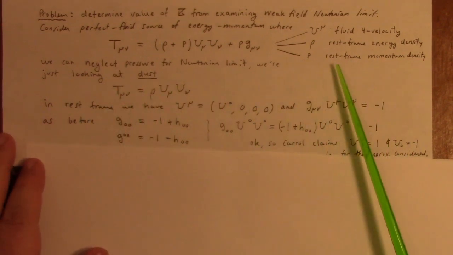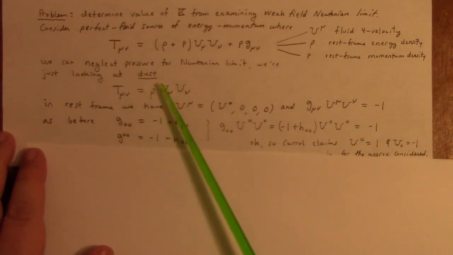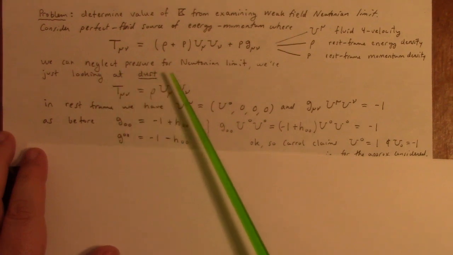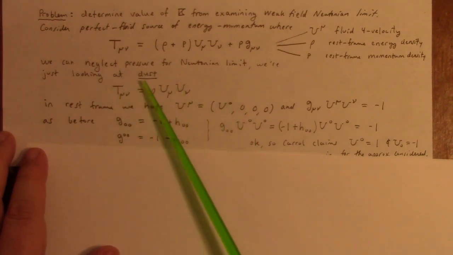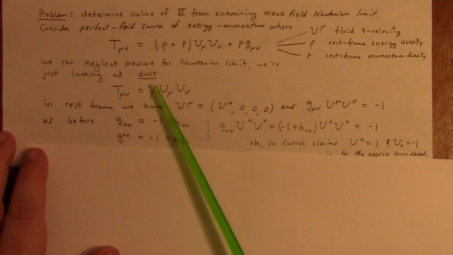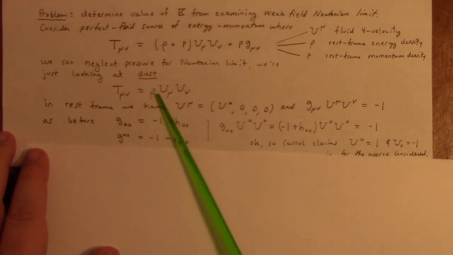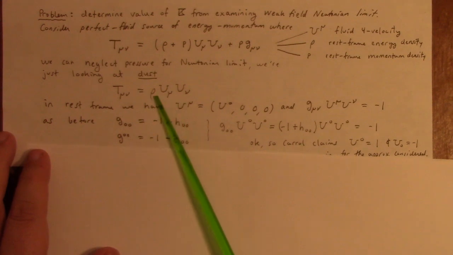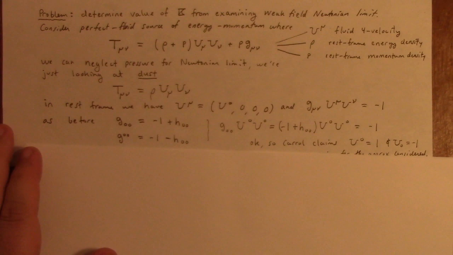I said pressure, I think I meant momentum density, my bad. So we're going to neglect pressure in the Newtonian limit, since we're looking at dust, where essentially the rest energy is massive compared to velocity. So it wins, and we can just worry about the rho times the product of the proper velocities there.